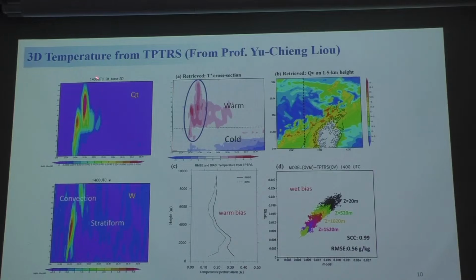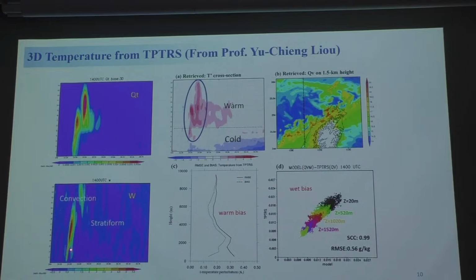Here we show the precipitation information, and here we have the temperature. This is a cross-section of the temperature structures. Near the low level, you can see the cold perturbations, and in the mid-level or a bit higher level, you see the warm perturbations.